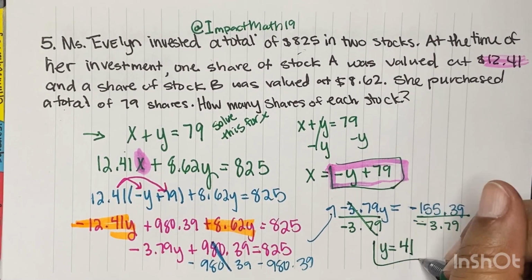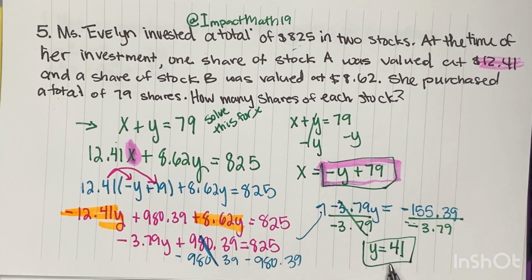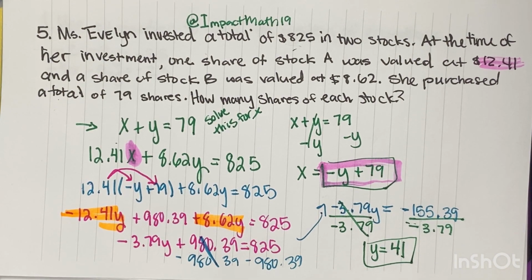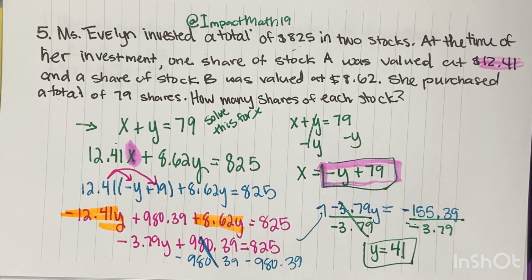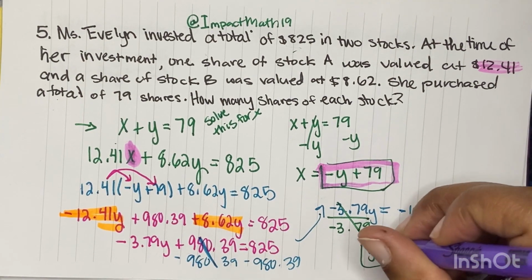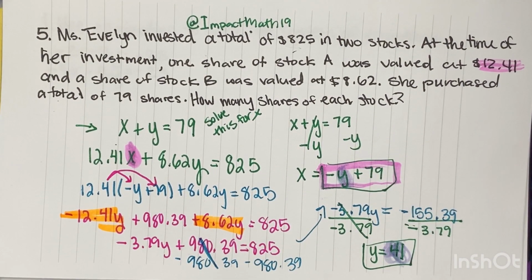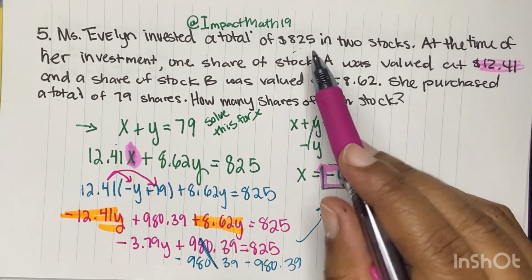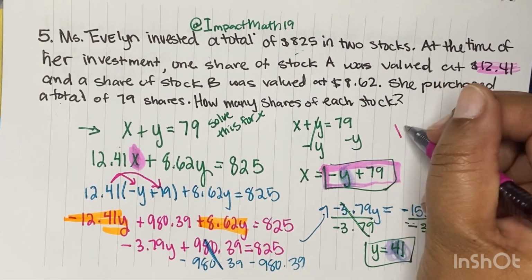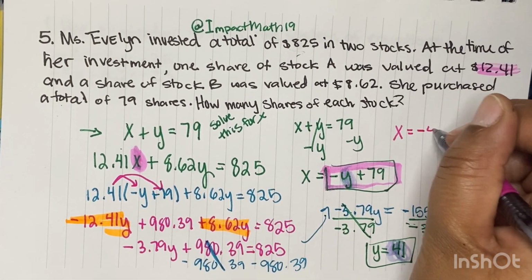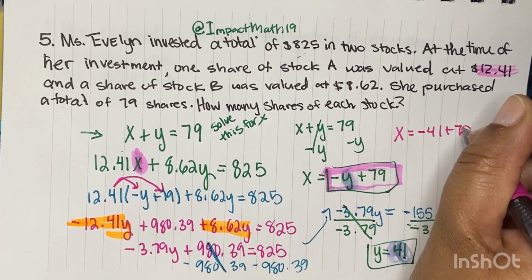So Y is 41. But hold on, we need an X too, right? So we're going to plug this 41 shares into our X, so we can find out how many shares we bought of stock A. So we put X equals negative 41 plus 79.